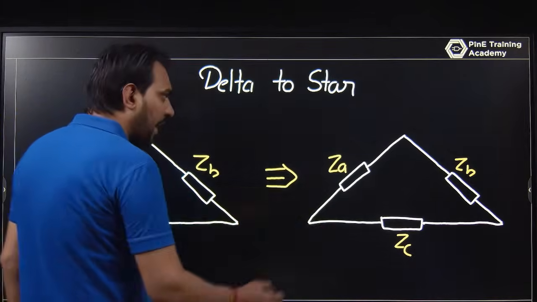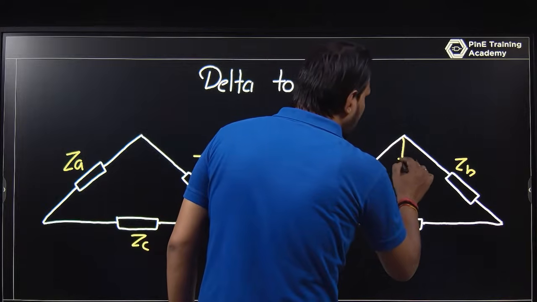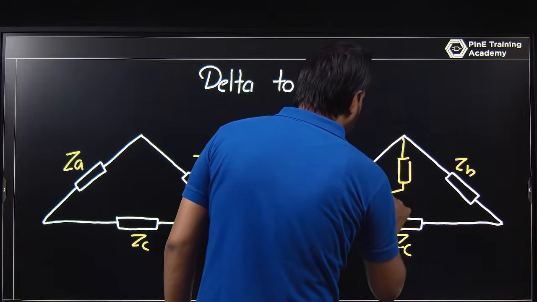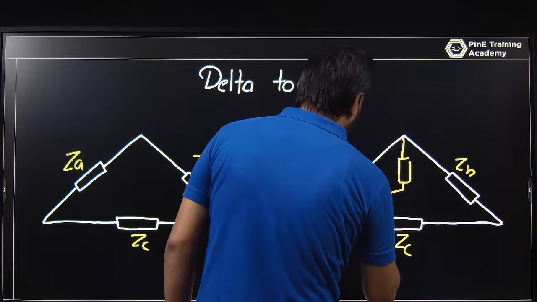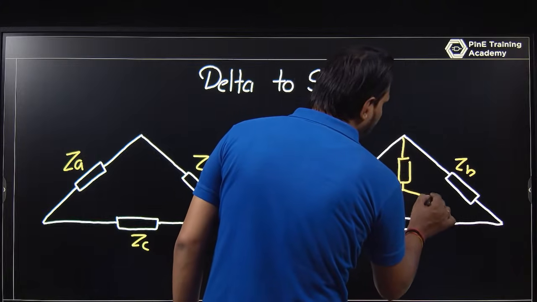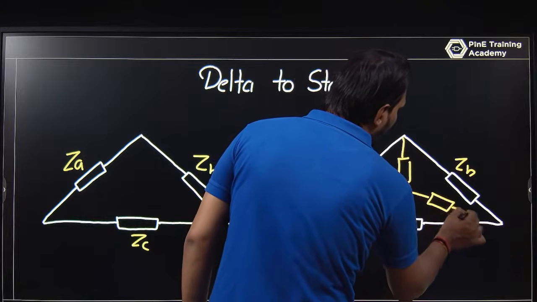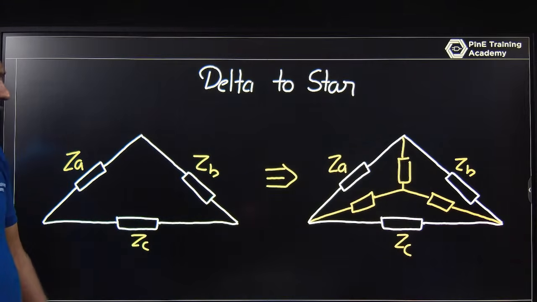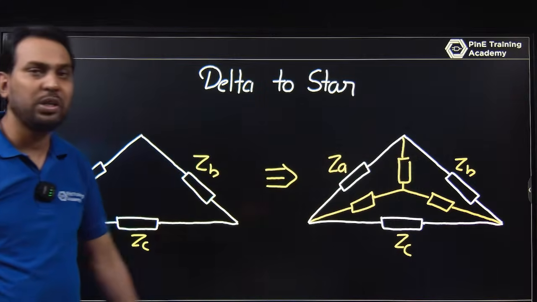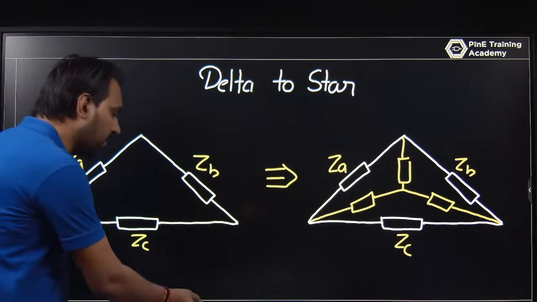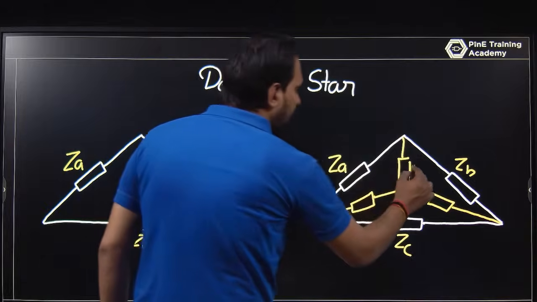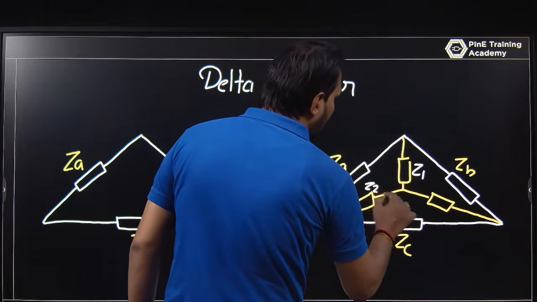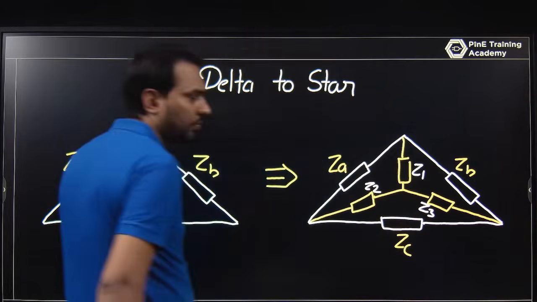Previously we converted star to delta, now I am converting delta to star. The delta values are ZA, ZB, ZC and the star values are Z1, Z2, Z3. This is Z1, this is Z2 and this will be Z3.